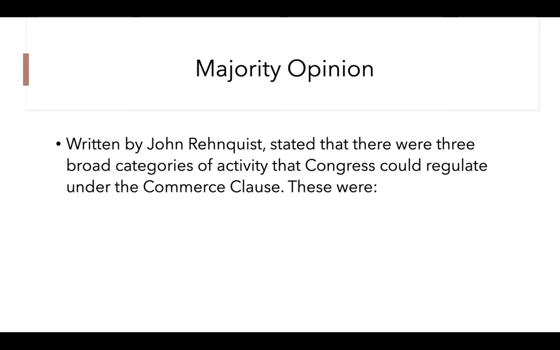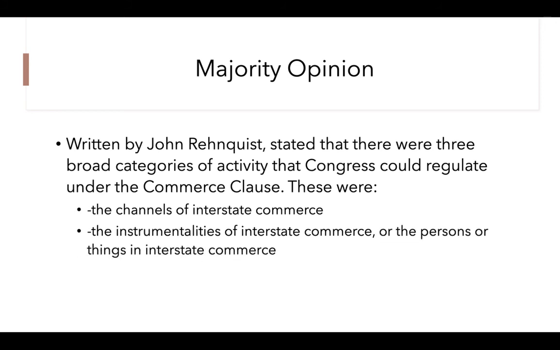and states this, that one, channels of the interstate commerce. So this concept itself channels the interstate commerce clause itself, which makes it unconstitutional. At least that particular clause, which is the Gun Free School Zone Act. The instrumentalities of interstate commerce are the persons or things in the interstate commerce itself.